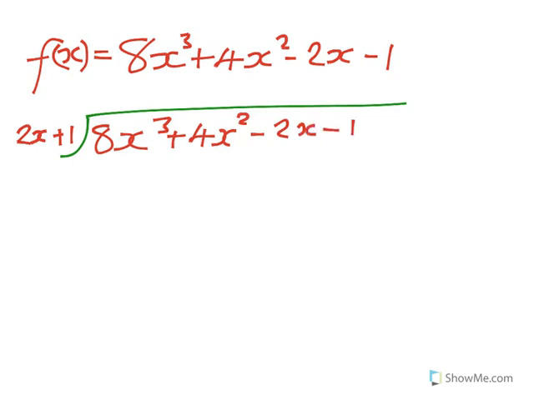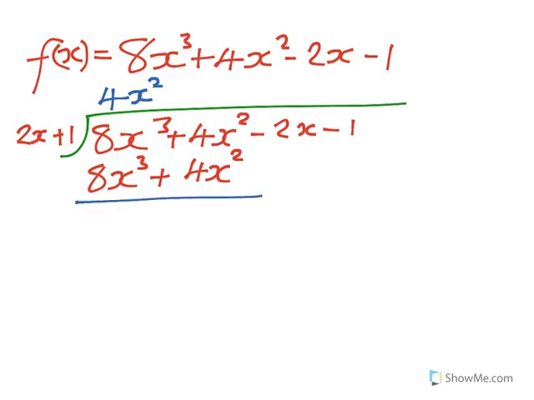Then you start dividing. 2x into 8x cubed, you are going to get, I'll use another pen now, 2 into 8 is 4, x into x cubed is x squared. Then 4x squared times 2x is 8x cubed. Then 4x squared times 1 is plus 4x squared.